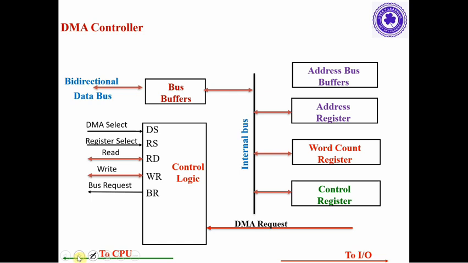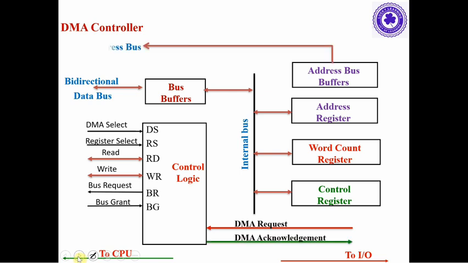Upon seeing the bus request from the DMA controller, the CPU is going to relieve the data bus, address bus, and read write control lines into the high impedance state and send one control signal called bus grant. Once the DMA controller receives the bus grant, it is going to send an acknowledgement to the IO devices saying that the buses are ready to perform the data transfer. This is a typical diagram of a DMA controller.